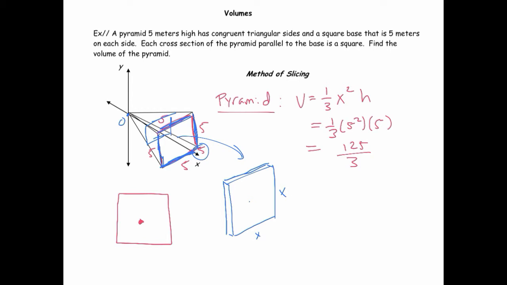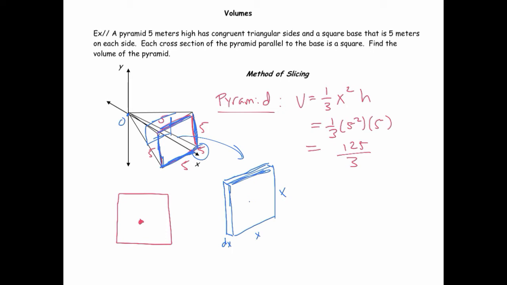And so when you're x units from the origin, we would expect by proportional reasoning that the side length would be x. The thickness here would be represented by dx, since it's a small change in x. We want to represent that thickness as the differential.